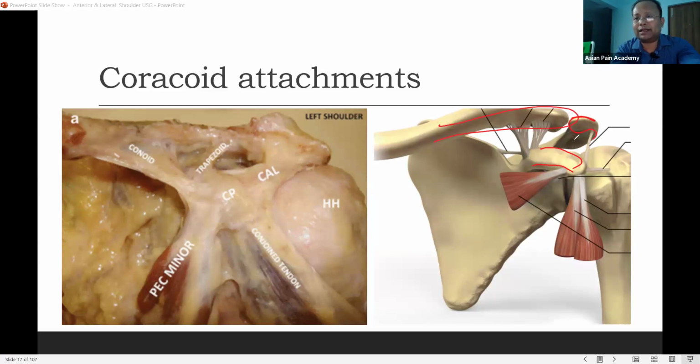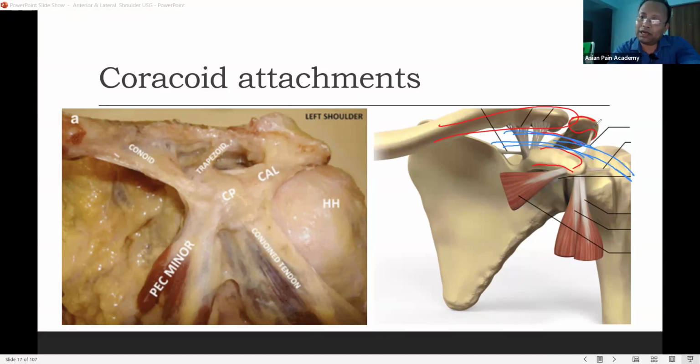One muscle comes from just below the acromion, that is the supraspinatus, and it joins at the greater tuberosity.